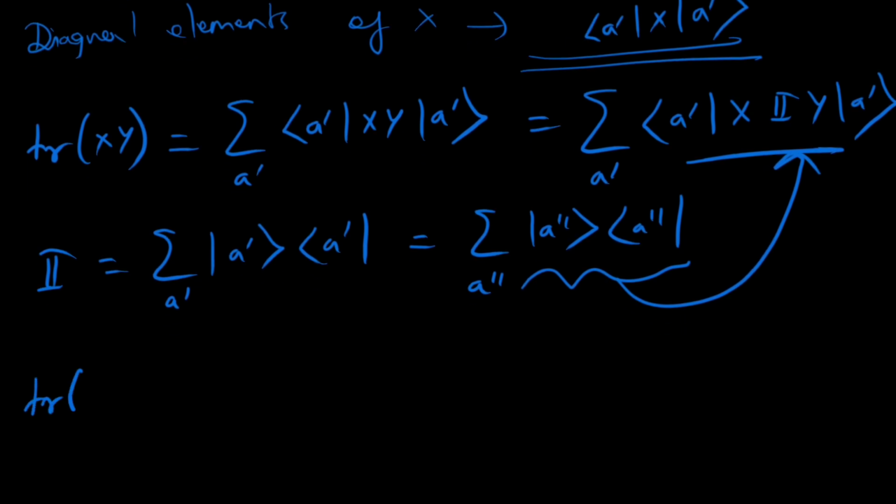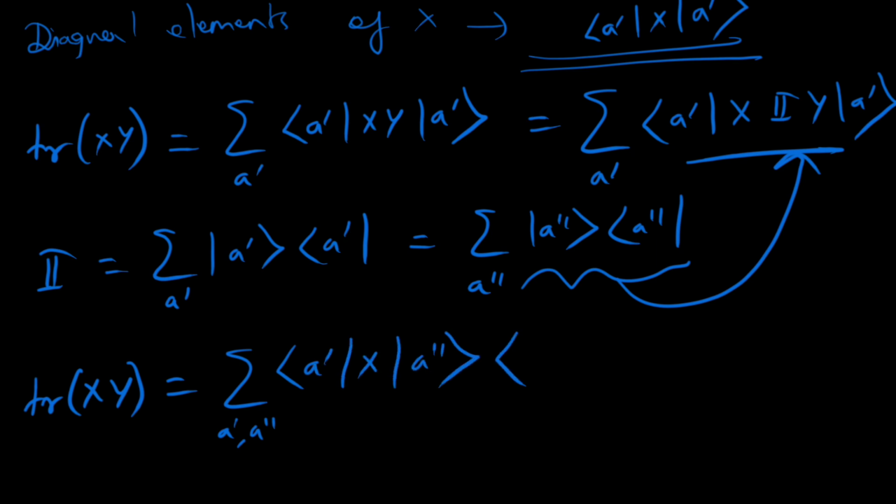So let's put this value over here and see what we get. The trace of xy is the summation over a prime and a double prime, since there are two variables here, of a prime, x, a double prime, a double prime, y, a prime.